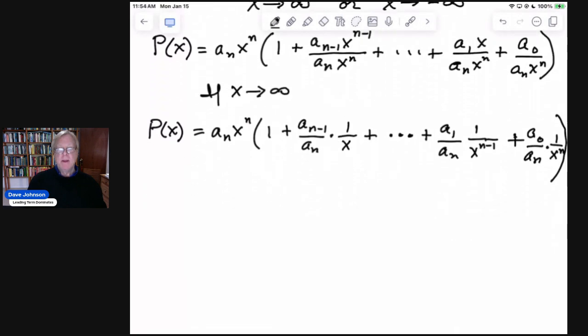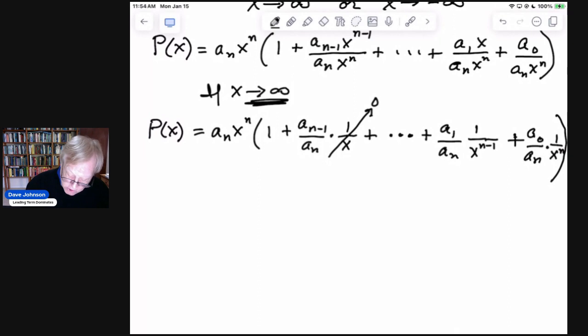Now what happens? Well, we can think of it as a limit. If you've had calculus, you'll know what I'm talking about. But if you haven't had calculus, don't worry. If you're taking algebra or pre-calculus, this is still going to make sense. As x gets very, very large, so it goes to infinity, the 1 over x is going to get teeny tiny. It's going to go to 0.